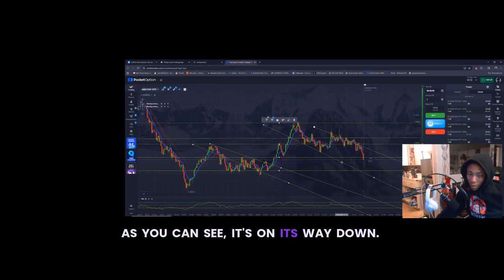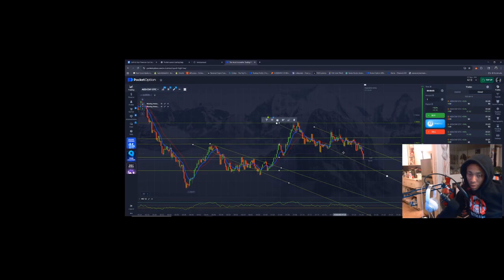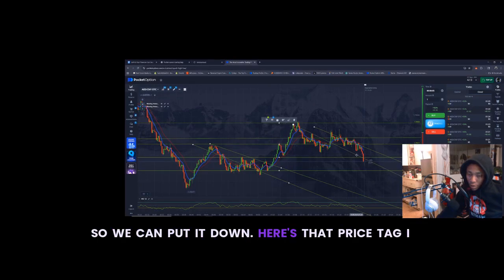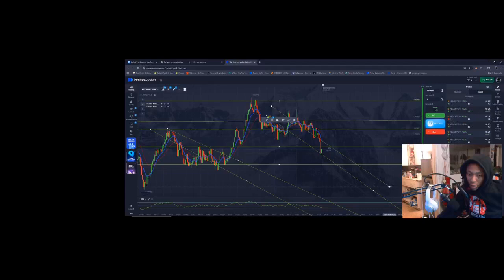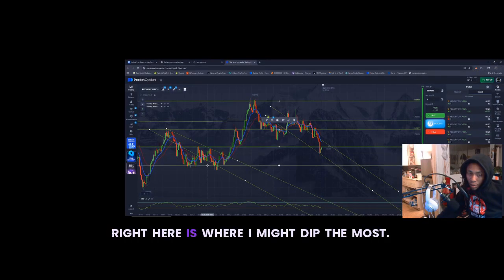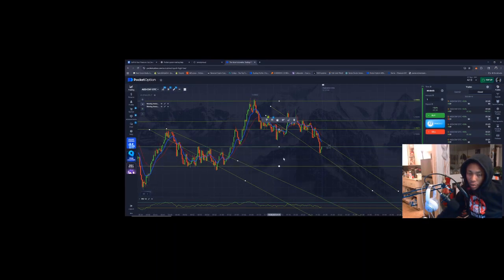As you can see, it's on its way down. We can put it down. Was that the price tag I was talking about? But as you can see, possibly right here is where it might dip the most.